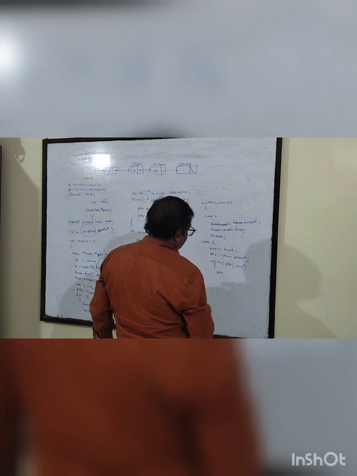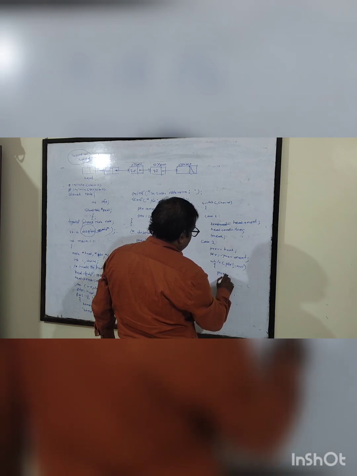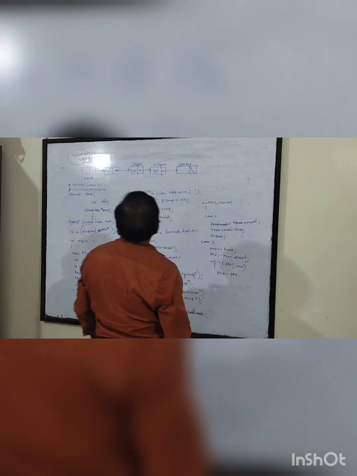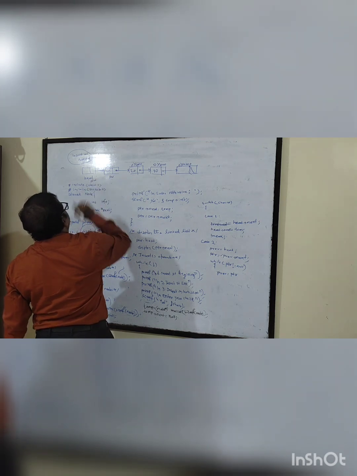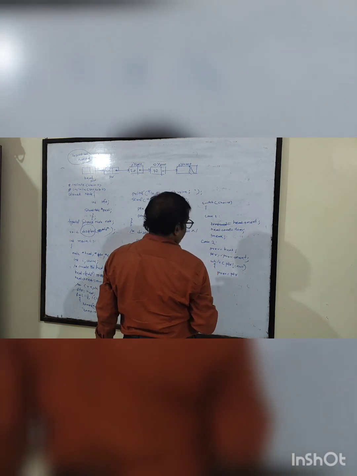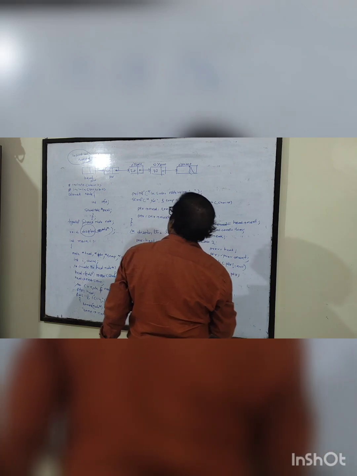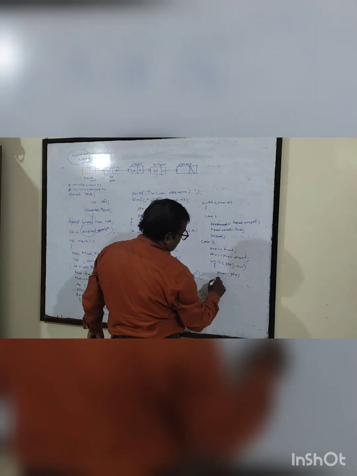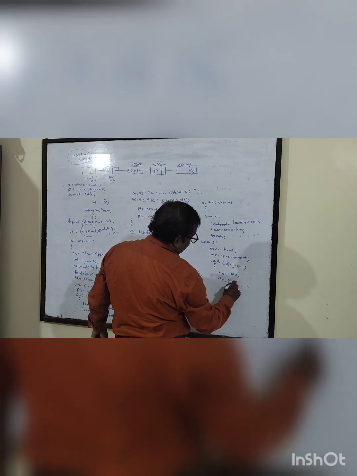First of all, each and every time I must assign previous equal to PTR. Now this is my PTR and this is my previous. Now I am assigning previous equal to PTR. After this, write PTR equal to PTR of next.